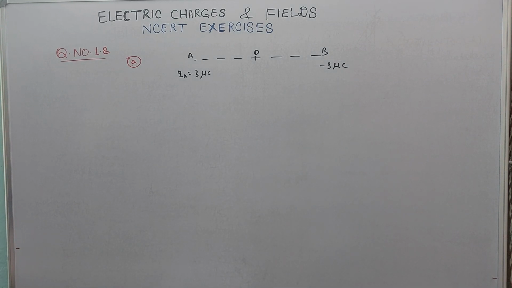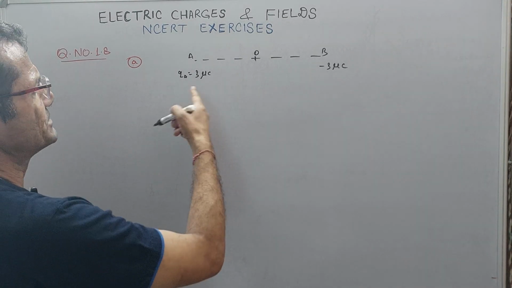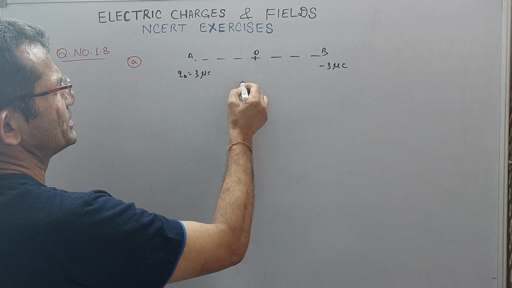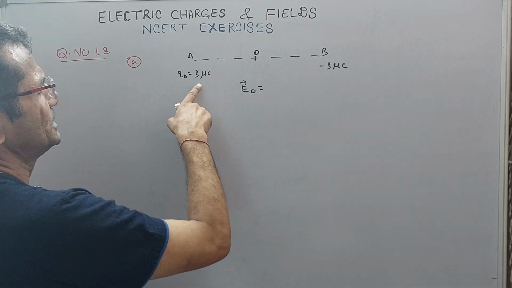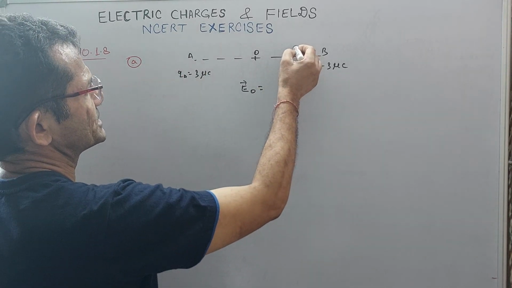Question number 1.8, the a part we have already discussed. The net electric field at the point O is the vector sum of the fields due to the 3 microcoulomb charges.